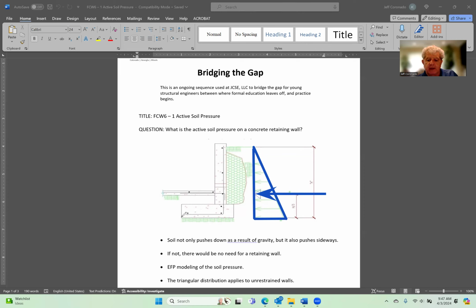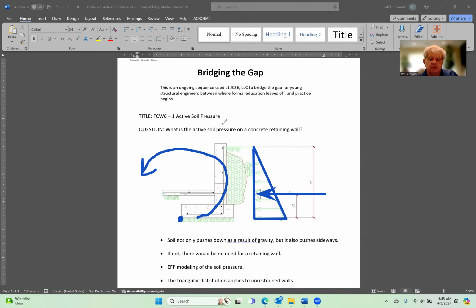One of the checks that we have to do is to ensure that the wall does not overturn, that the whole assembly does not overturn about this point. We've got this force acting here, which is going to tend to make this whole assembly rotate counterclockwise.